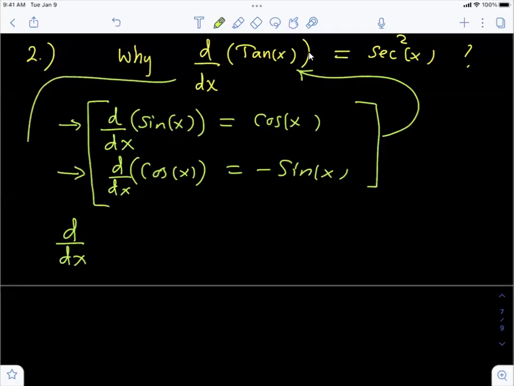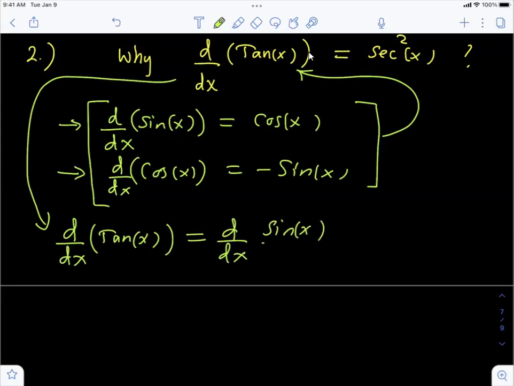So the derivative of tangent is none other than the derivative of sine x divided by cosine x. Now, don't forget, you know the derivative of sine and you know the derivative of cosine. You do know the quotient rule.